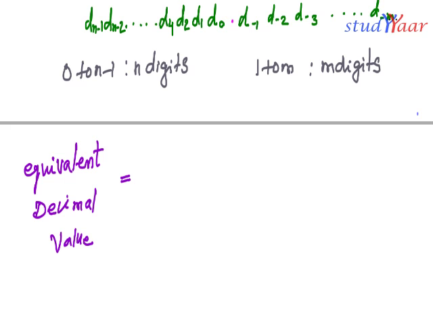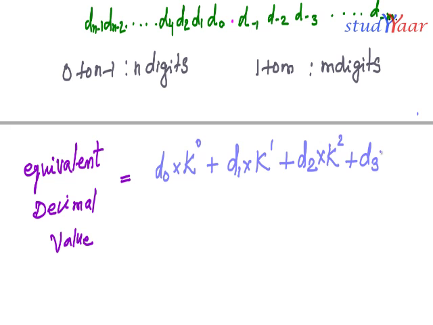So what I have here is, this number is equivalent to d0 into k raised to 0, plus d1 into k raised to 1, plus d2 into k raised to 2, plus d3 into k raised to 3.